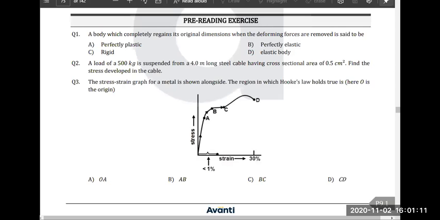Okay. Yes. So we will start with pre-reading. So what is the answer of question number 1? Tell me. Easy questions. A body which completely regains its original dimension when the deforming forces are removed is said to be.